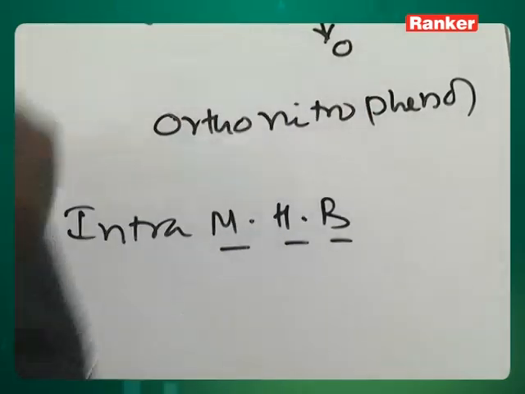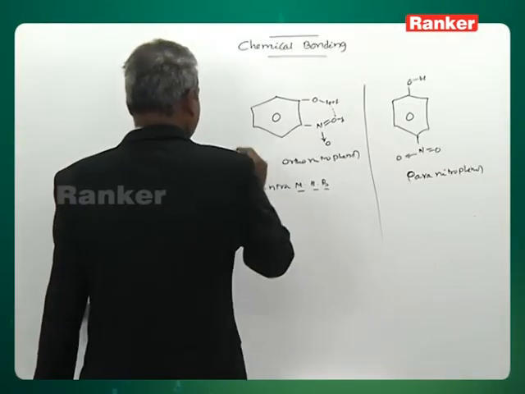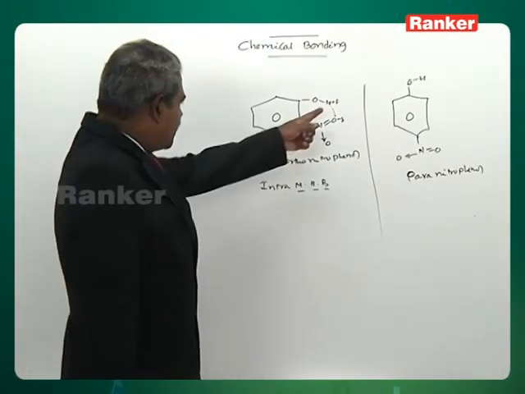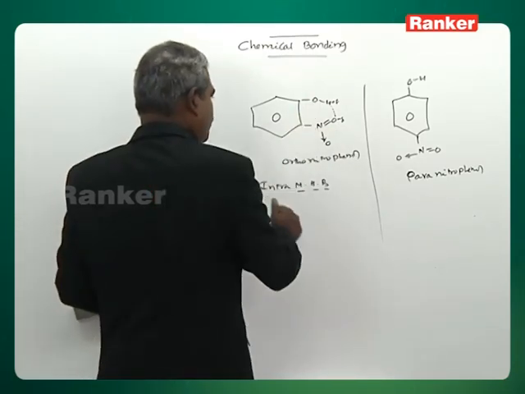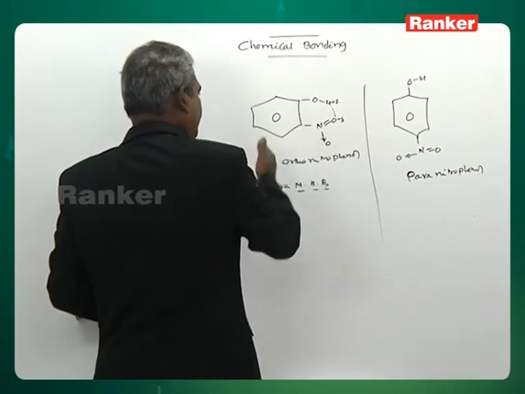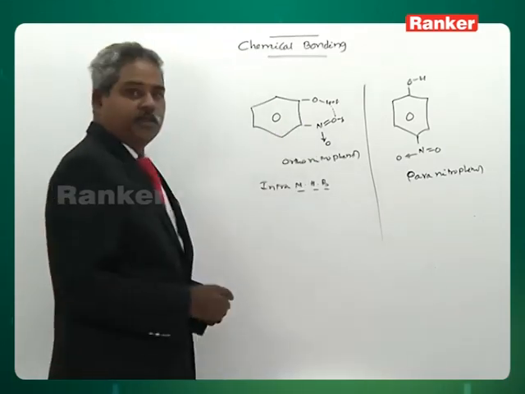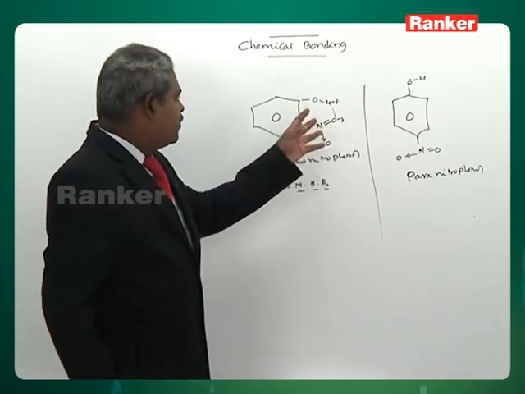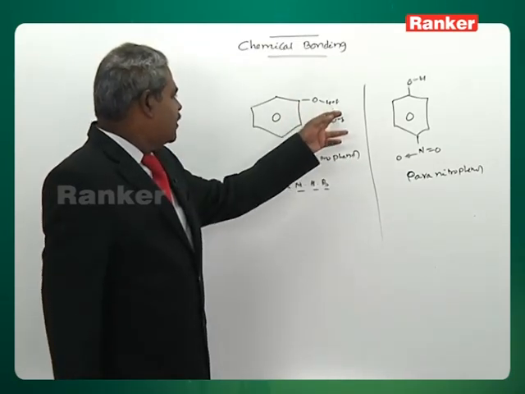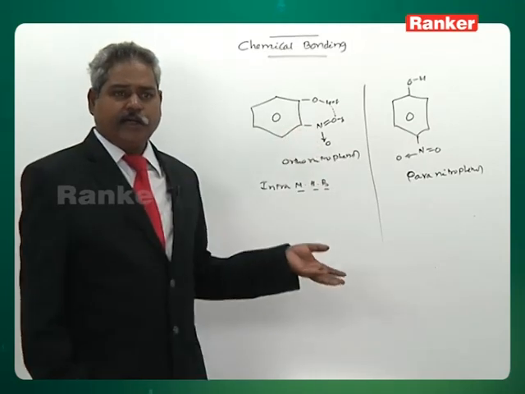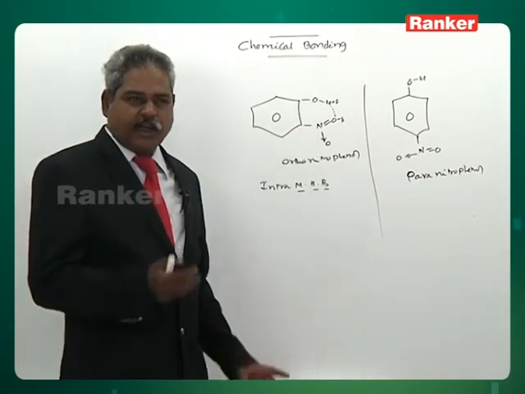Intra, within the same molecule. So, this is nothing special. You have a coordinate covalent bond here, a pi bond here, 3 pi bonds here, so many sigma bonds. So, this is just one other bond. You have so many bonds and this is one among the many bonds, and because of that nothing special happens.